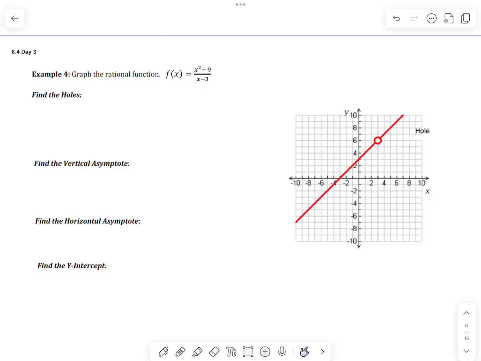All right, here's another one. We want to find the holes in the graph, so we start with the numerator. Actually, we need to factor this first to see if we have any holes in the graph.